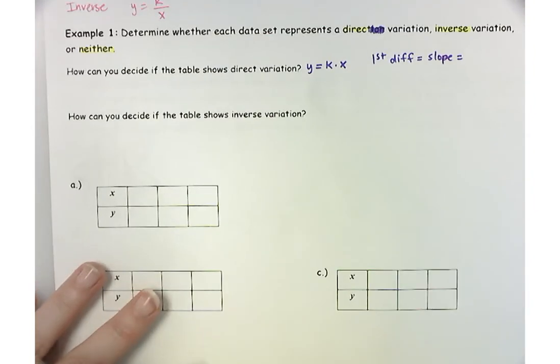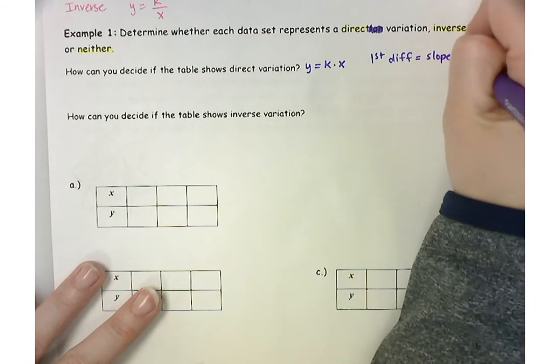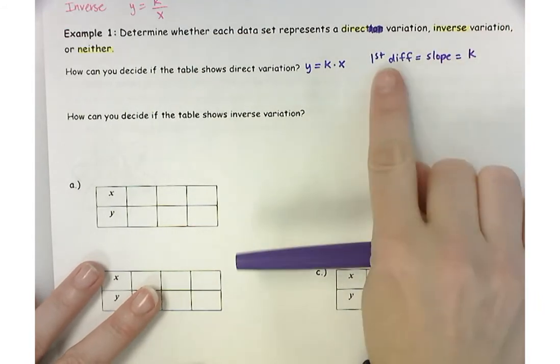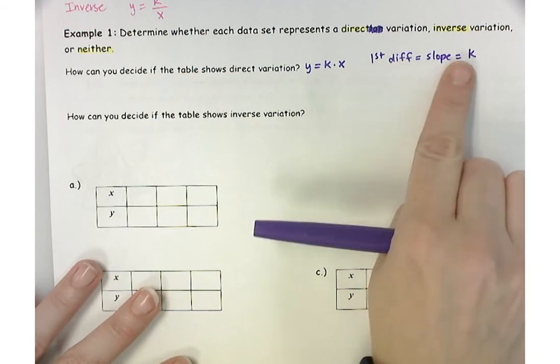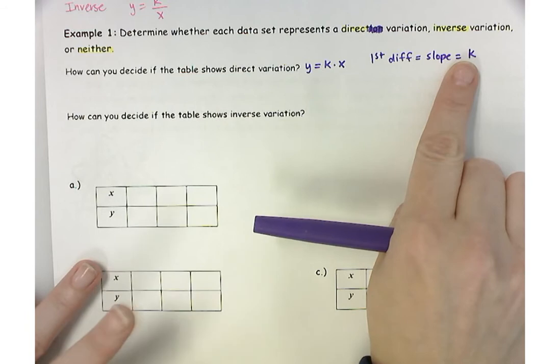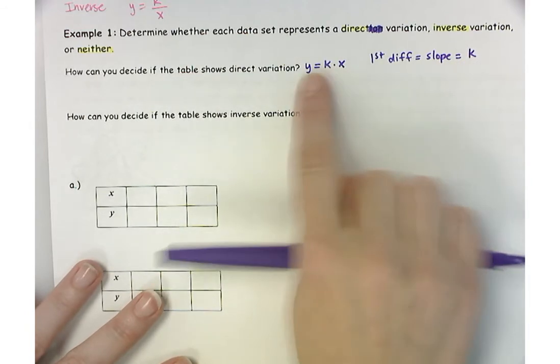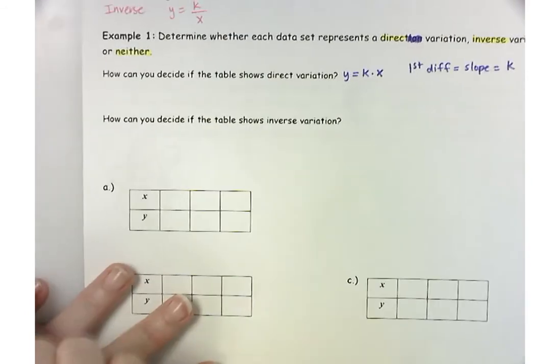So really what we have to do to find if the first differences are constant, we have to see if the k is constant. Well, how are we going to find if k is constant if we're using y and x? Is this an equation we can solve for k? Yeah. Okay, so let's do it.